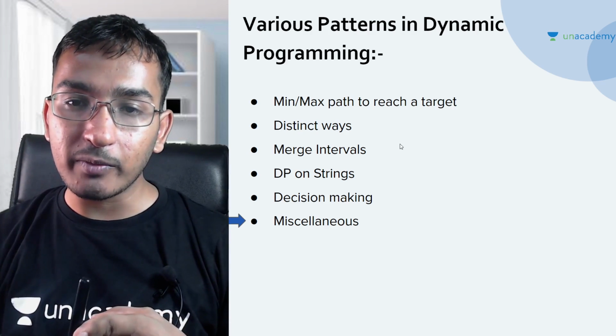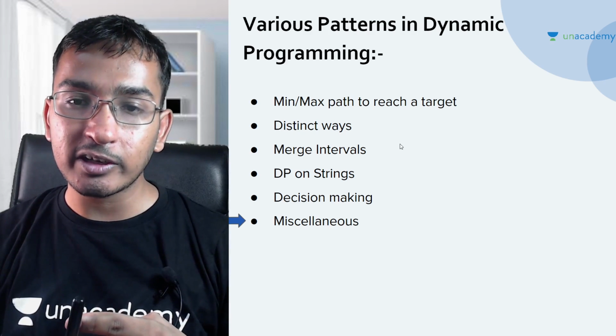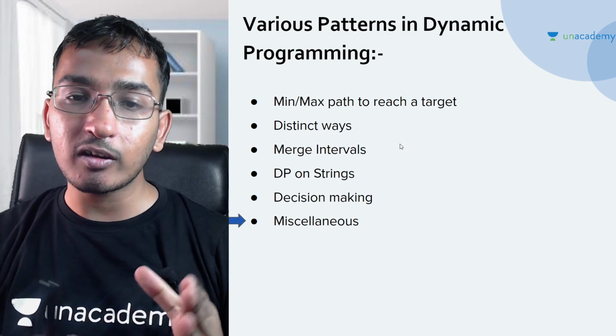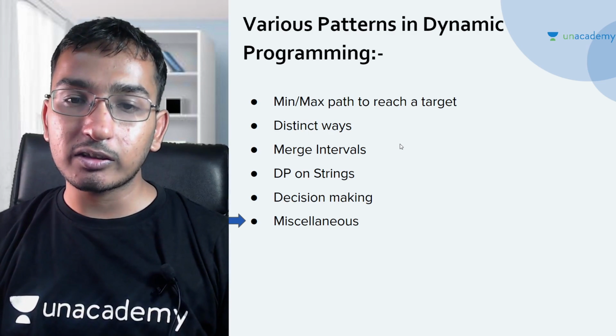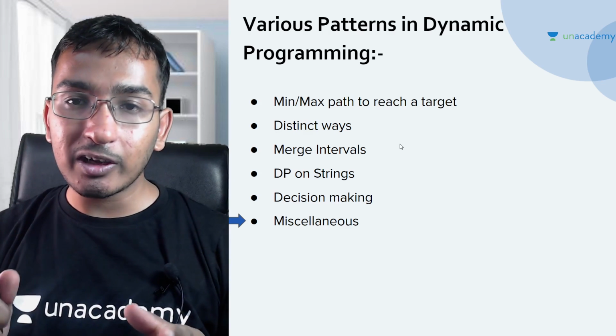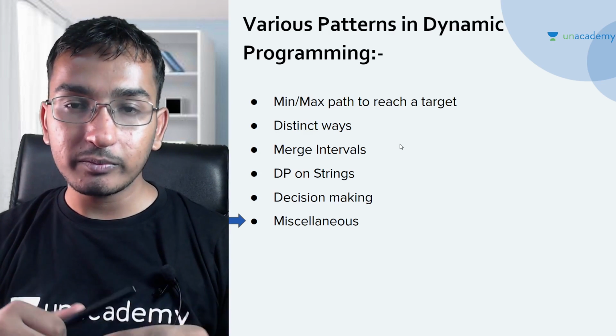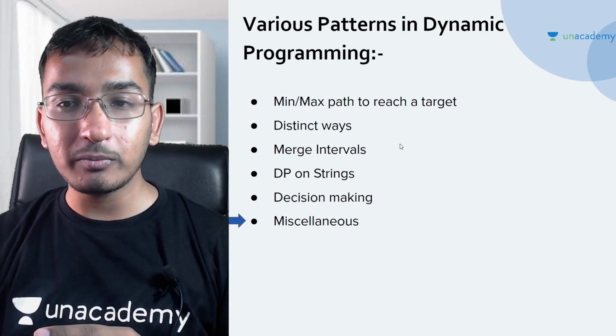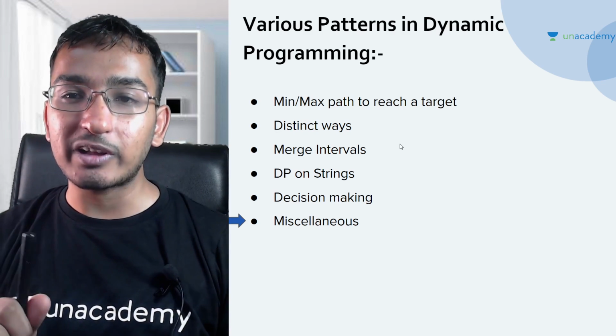Either it will be minimum maximum path, or distinct ways, or merge interval, or decision making, or you will be applying LCS kind of stuff on the string. So in the end we are going to look at the homework problem, and you have to identify its pattern and submit it as well.